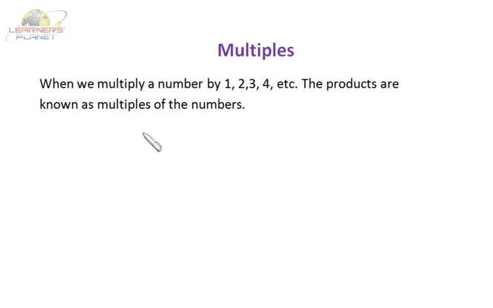Suppose I multiply 2 and 3. By multiplying 2 and 3, I get 6 as a product. Now in this case, 6 is a multiple of 2 and 3 both. Just a recap over here: 2 and 3 are factors, and 6 is a multiple. 2 and 3 give 6 as product.